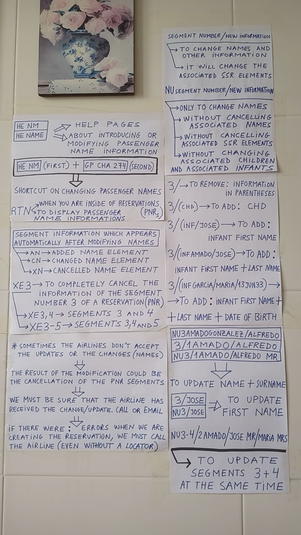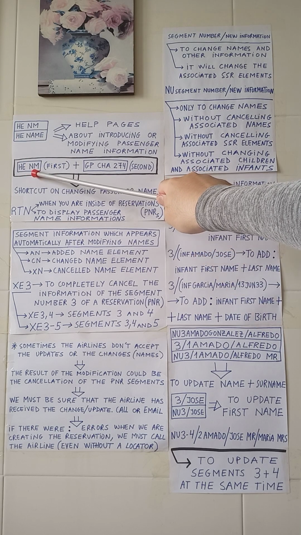In this example, the specific page we want to access is represented by the code GPCHA 274. The first step is to type HENN.